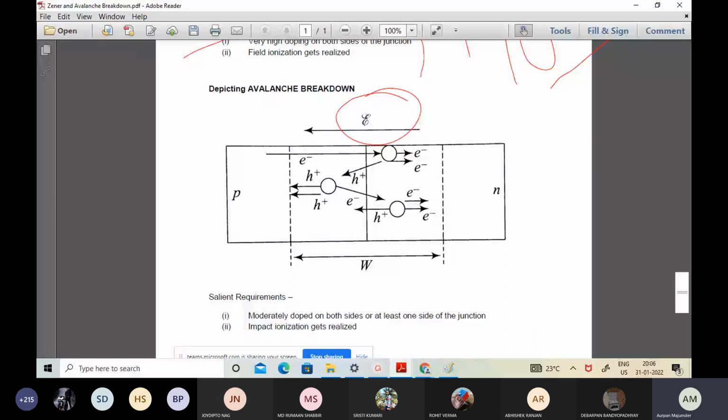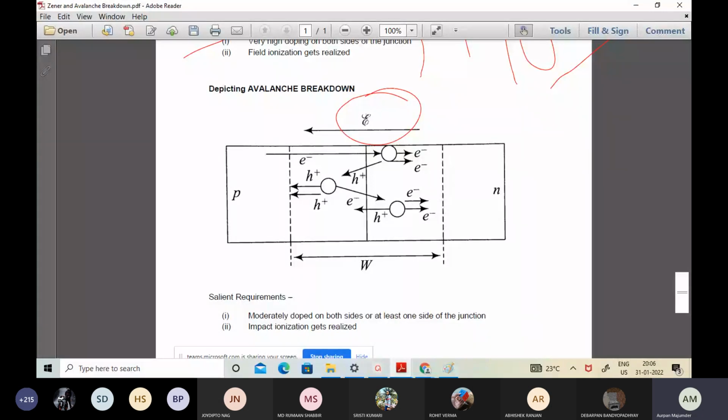Once it is able to enter the depletion width, I should repeat that there are no carriers in the depletion zone, but under reverse bias, if some carrier flow is there, it is definitely existent over there. Otherwise, how can the current get realized? Isn't that so?